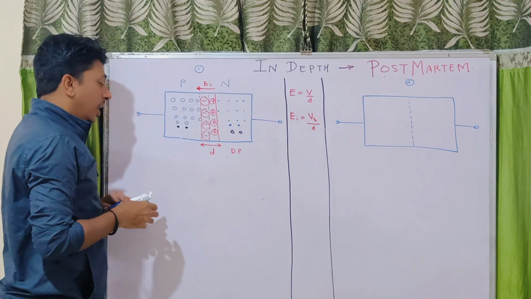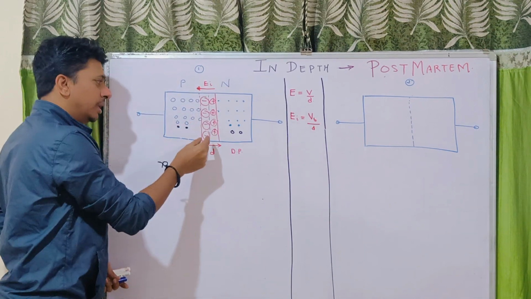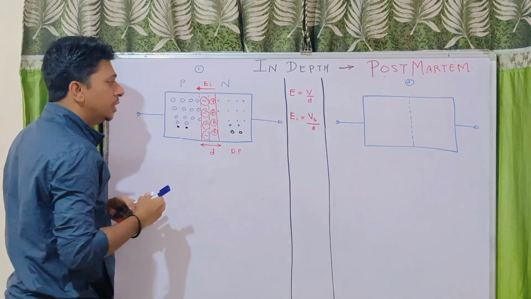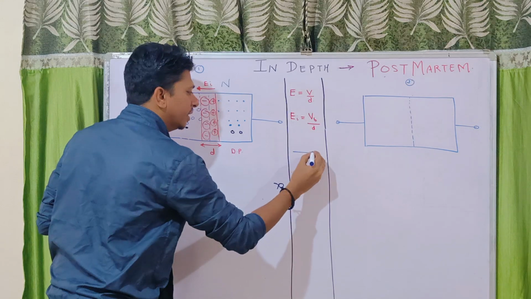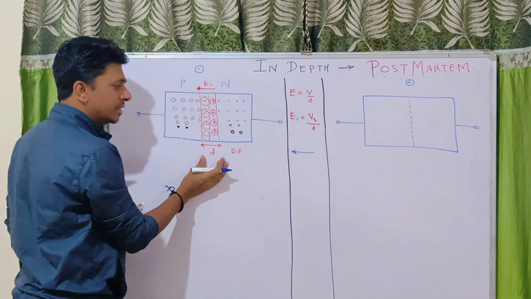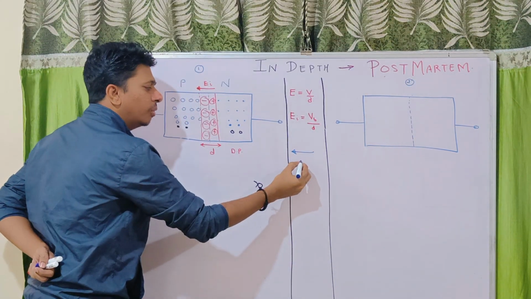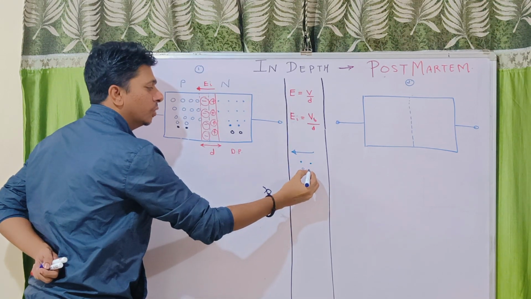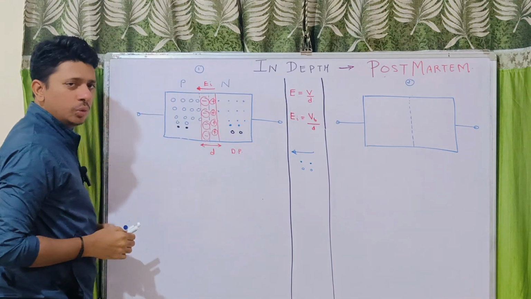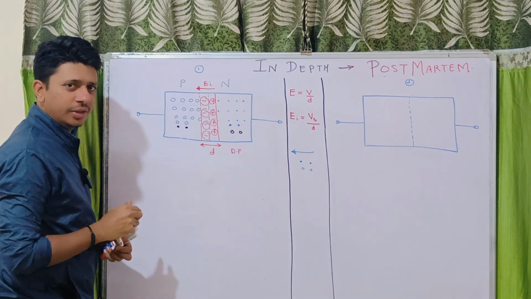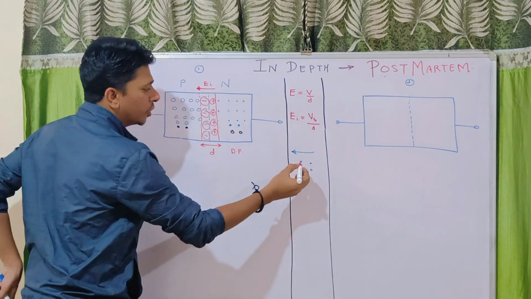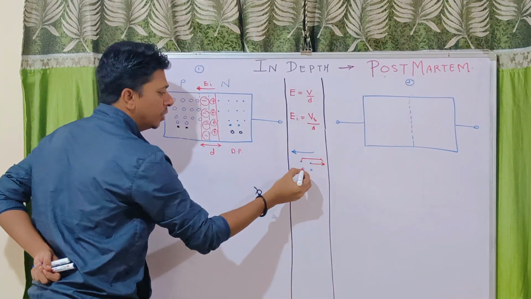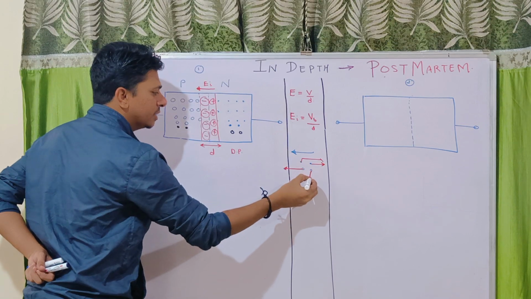Sir, if due to thermal energy any covalent bond breaks in the depletion region, it will generate two carriers, an electron and a hole. But due to the presence of the internal electric field, these electrons will be moved to this side and the holes will be moved to this side.